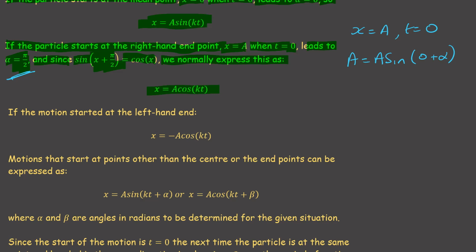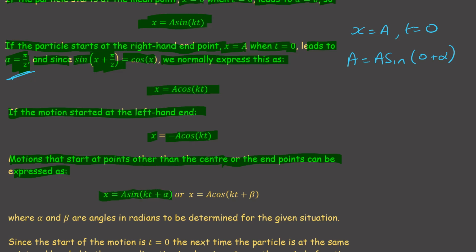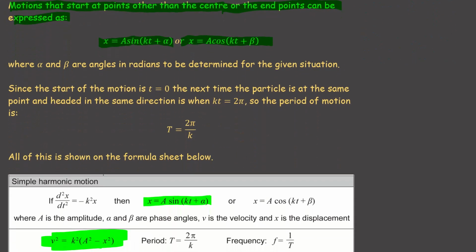So moving on, if the motion started at the left-hand end, we'd say x is negative a cos kt. Motions that start at points other than the centre or at the endpoints can be expressed as x equals a sine kt plus alpha or x equals a cos kt plus beta.